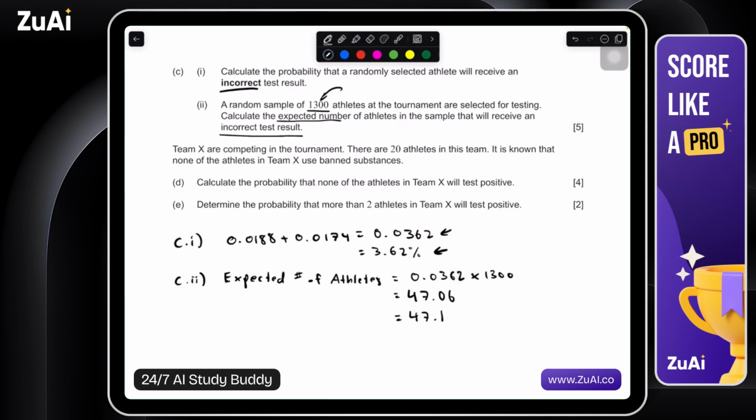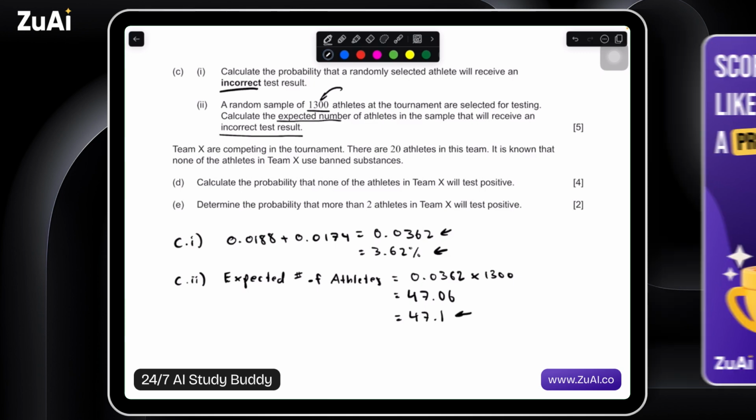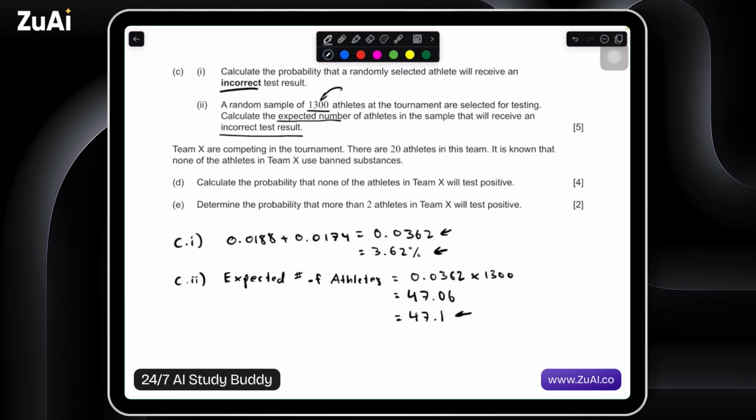I just have the mark scheme in front of me, and it does have 47.1 as a final answer, but in brackets it says accept the two significant figure value of 47 for a final answer. So both are actually okay in this case, according to the mark scheme, but 47.1 is probably more common, as in write to 3 sig figs for expected value, even though it's a fractional amount.